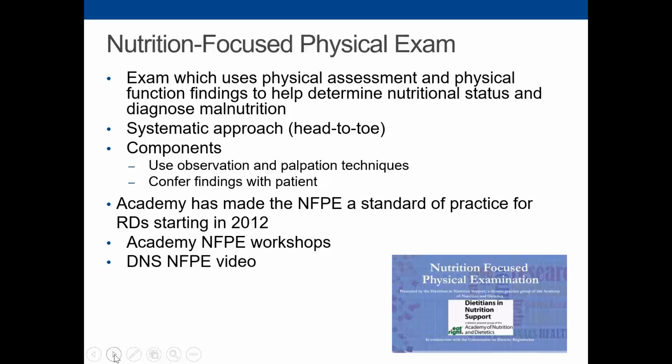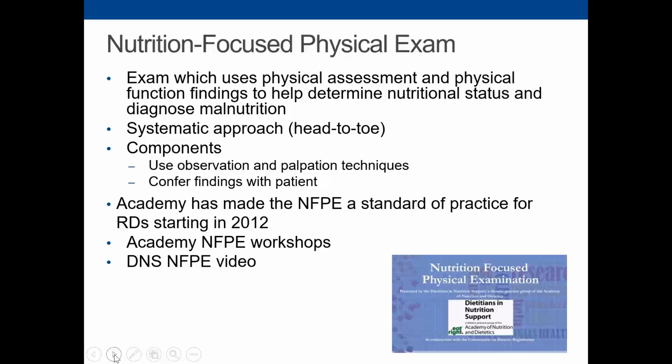And when they realize that you're assessing them, perhaps because they may be malnourished, they take a really more interested approach, and I feel like they're more willing to be involved in the decision making and being involved with what's going on with them nutritionally. So I have found that to be very, very beneficial.